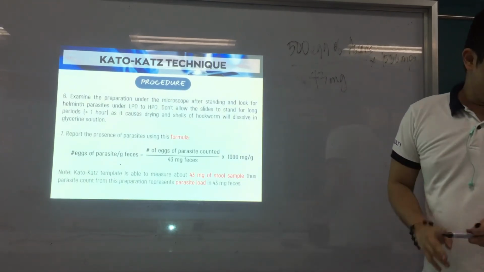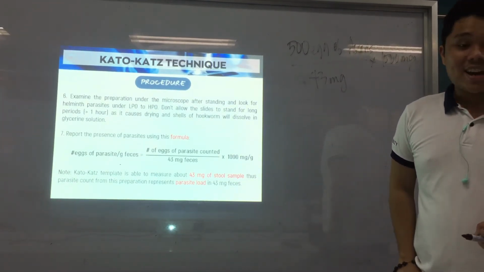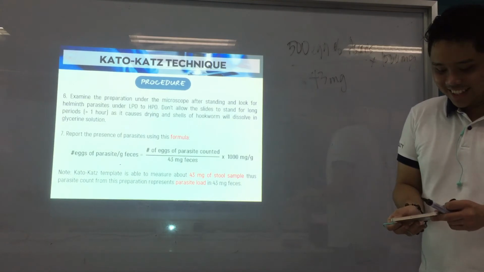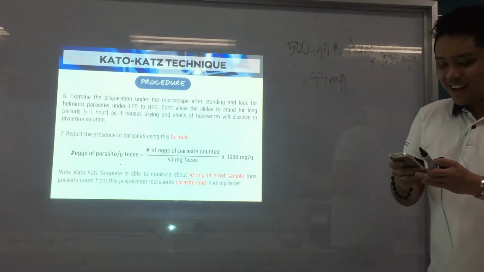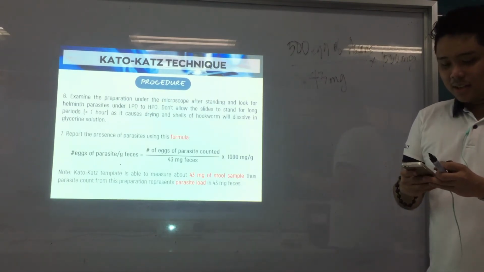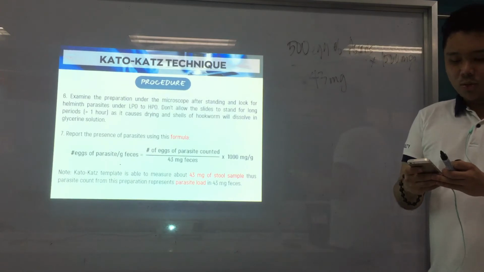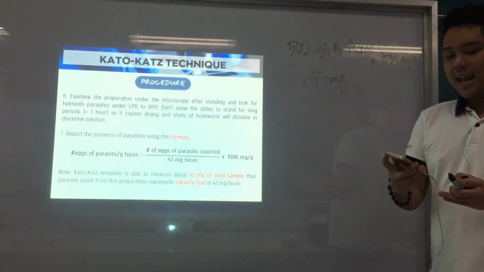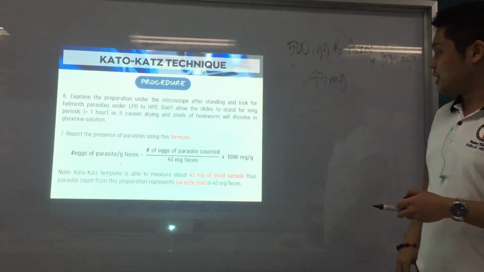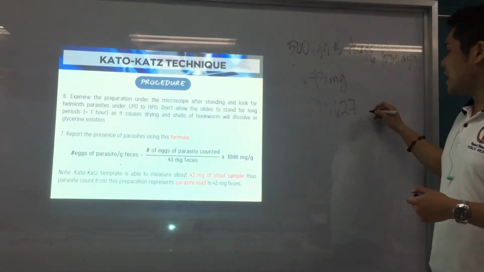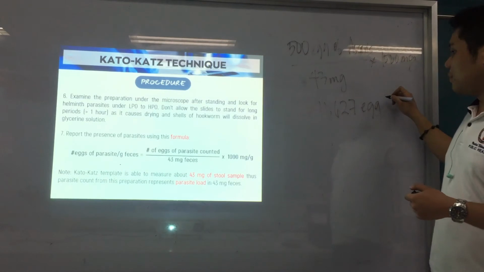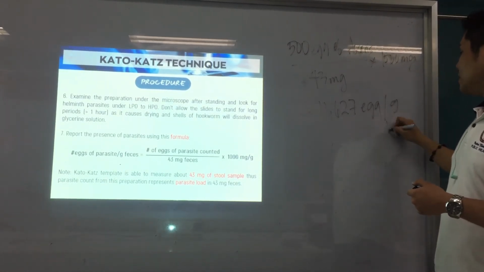So 500 over 43, that is 11.62 times 1,000. So that's equivalent to 11,627 eggs of parasite per gram of feces.